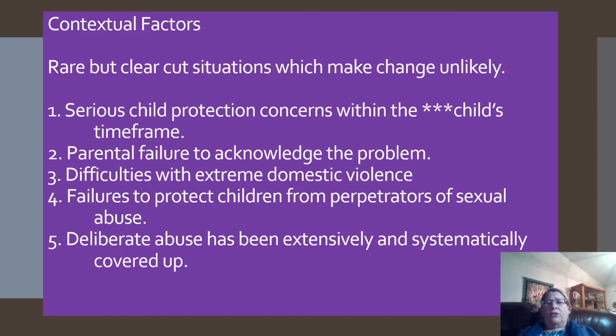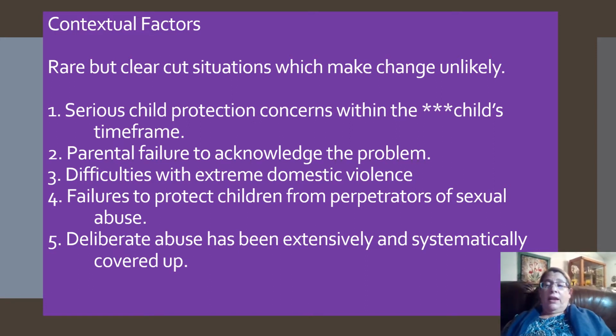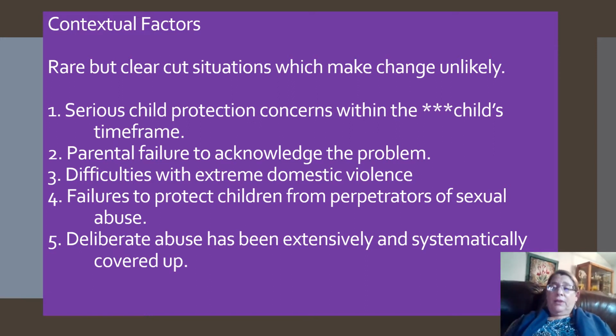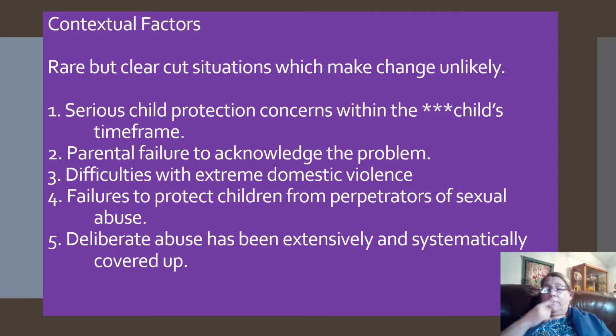Other cases include a parent's failure to acknowledge the problem, extreme domestic violence to where you're afraid to even put the people in the same room together, or a parent that fails to protect children from perpetrators of sexual abuse. This is typically the scenario where a mom goes from one man to another, and regardless of repeated reports to protective services, allows that abuser to come back into the home and is more likely to get rid of the child than to get rid of the man.